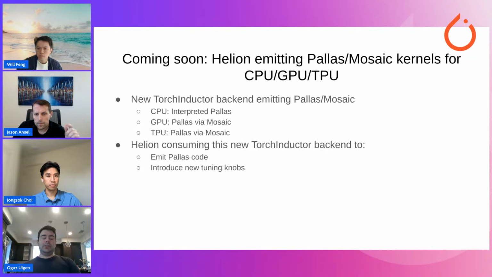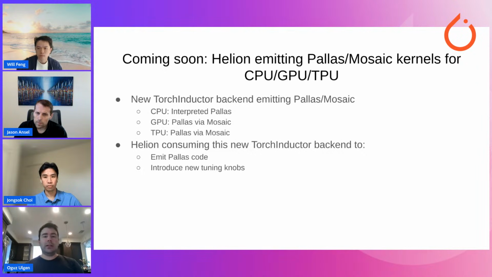This is already a work in progress, but Helion actually emitting these will still take some time. The way we're doing this is that for CPU, we're going to be using interpreted Pallas. For GPU, we're going to emit Pallas via Mosaic, and same goes for TPU.